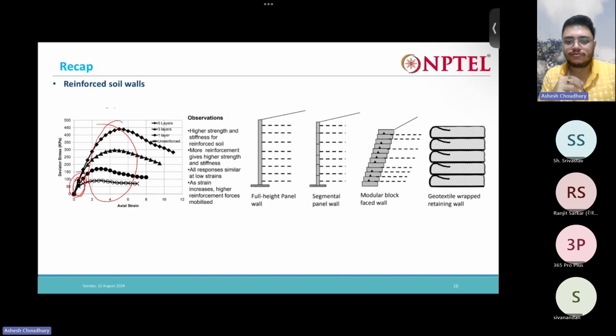What is the reason for that, the reasoning for this? Why at low strains is the behavior similar for both unreinforced and reinforced soil? What is the reason? I told this in the previous class also. Interaction between soil and the reinforcement. What interaction?